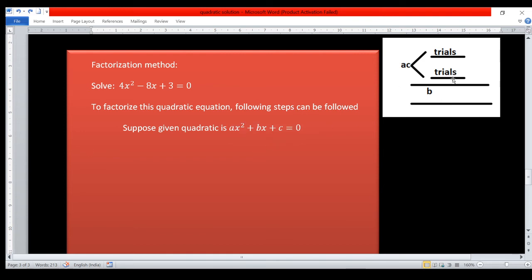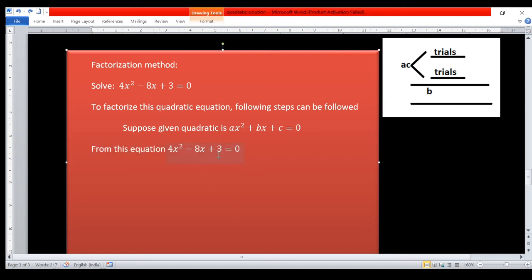Trial 1 and trial 2: if you multiply, that should give ac, and if you add the trials, you have to get b. Well, this is the structure. So how to get this number now? Multiply the coefficient of x² and the constant term. How to get this number? It's the middle term.